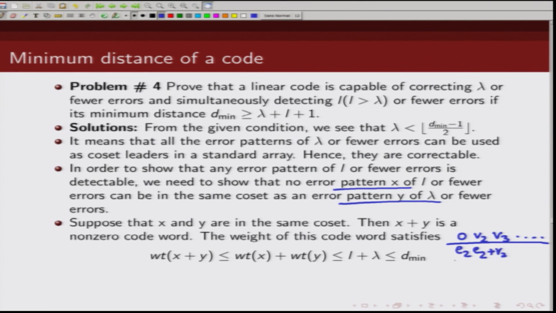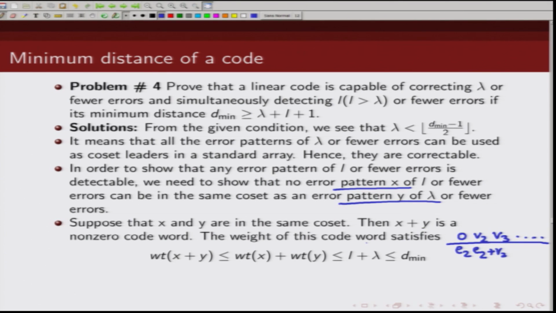If you add any two elements of a coset or a row, what you will notice is that the sum of them is a valid code word. So, if x and y are in the same coset, x plus y must be a non-zero code word.